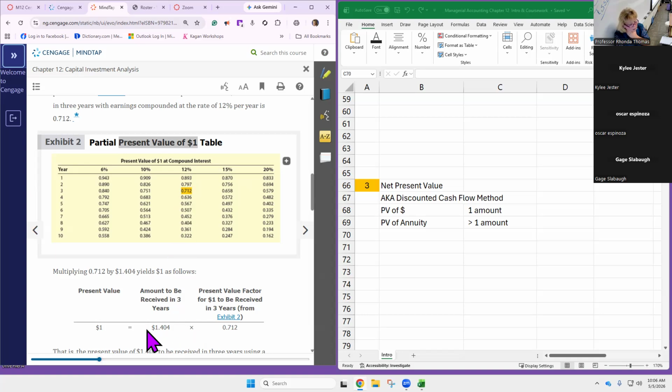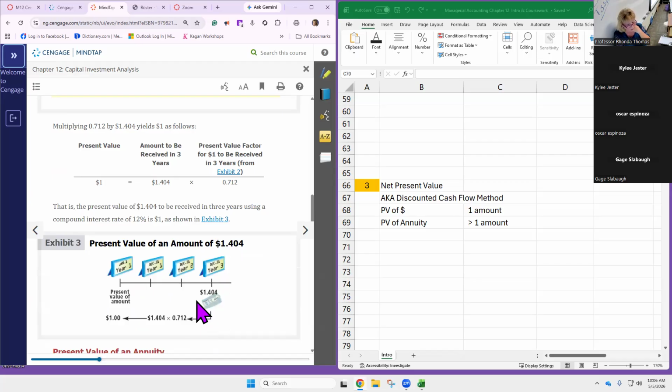Here's the amount to be received in 3 years, $1,404 times 0.712, and that came from lining up the horizontal percentages and the vertical years.